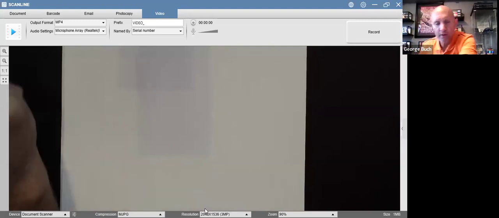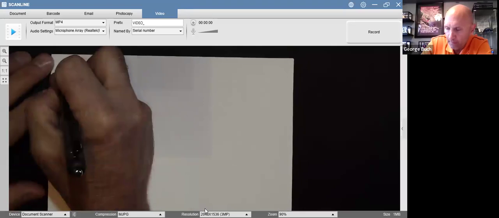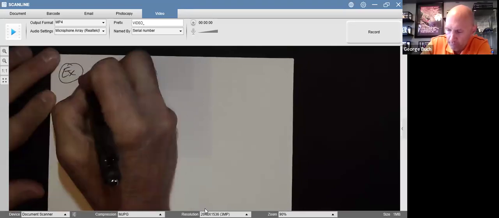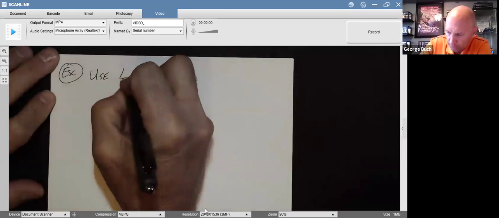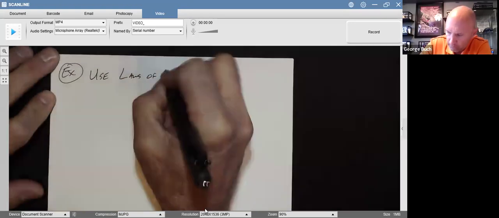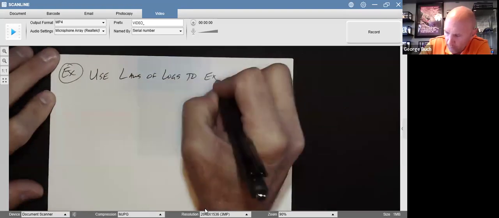And then to wrap up this video, we're just going to use our law of logs to expand or combine different expressions. So use laws of logs to expand or combine.